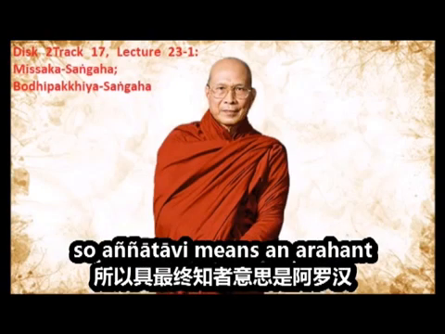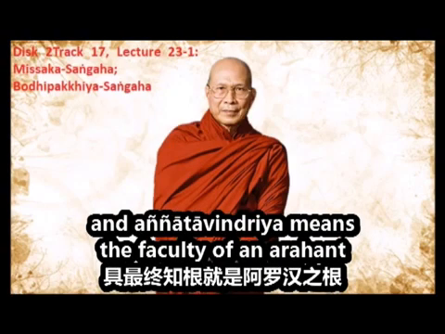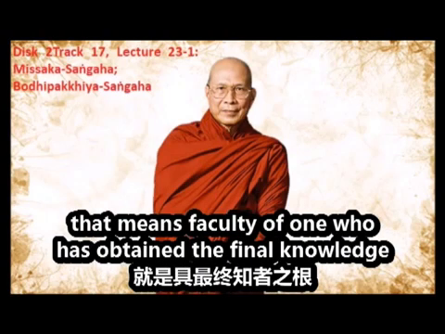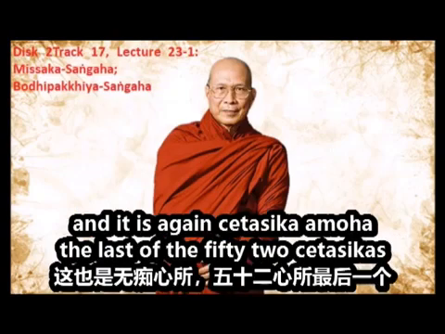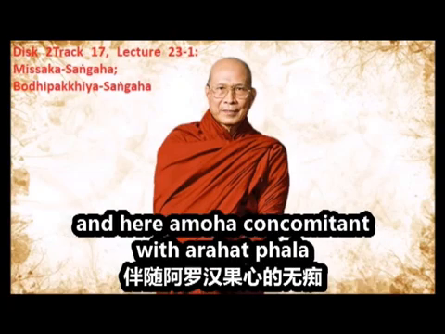So, Anyatavi means an arahant, and Anyatavindriya means the faculty of an arahant. That means faculty of one who has obtained the final knowledge, or who has known the 4 noble truths. And it is again Cetasika Amoha, the last of the 52 Cetasikas. And here Amoha concomitant with Arahata Phala.